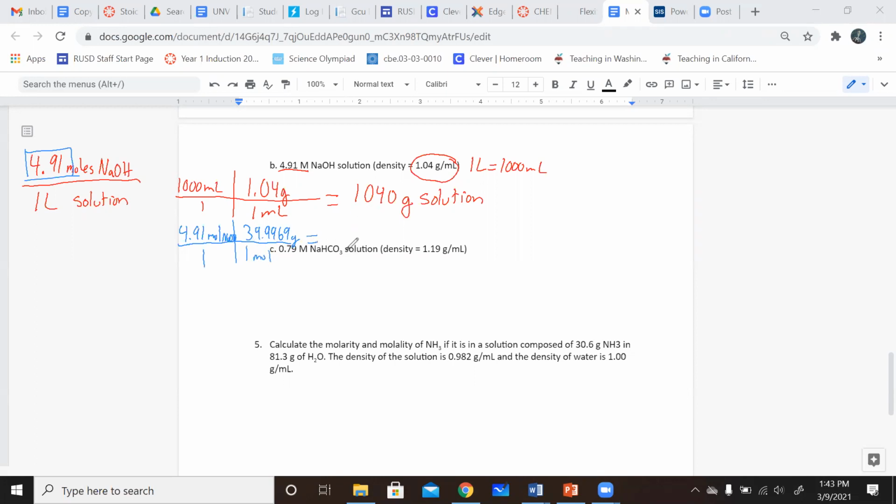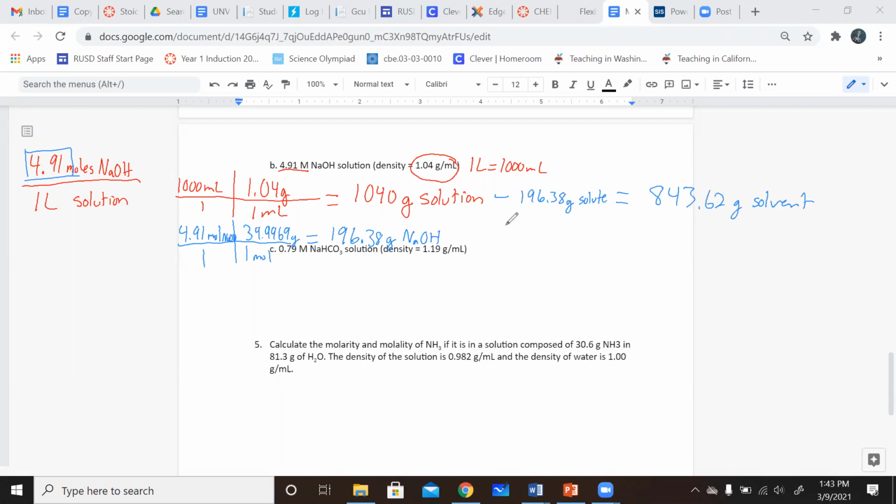We multiply our T-chart out, and we get 196.38 grams of NaOH, which is again our solute. We subtract that from our total grams of solution. And that gives us how many grams of solvent are present, which in this case is 843.62 grams of solvent.